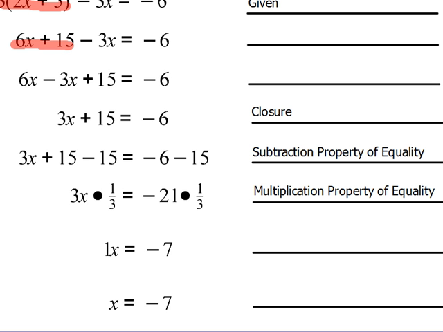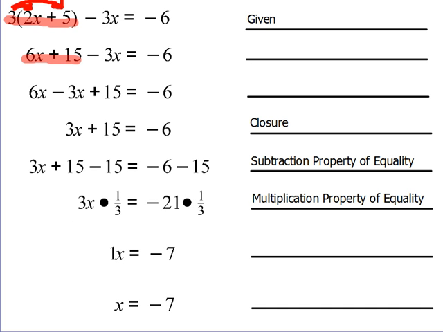We've got to ask ourselves how we got there. What we did is we did 3 times 2x and 3 times positive 5. When we take an outside number that's outside of the parentheses and we multiply it to the two things inside, we call that the distributive property. So on this line, we're going to write the distributive property.